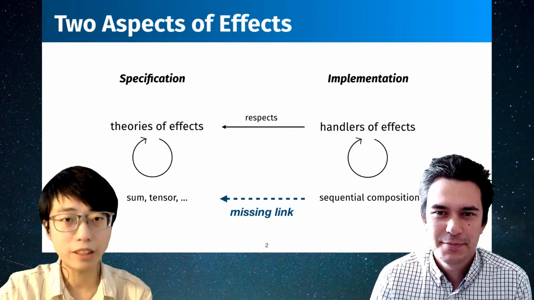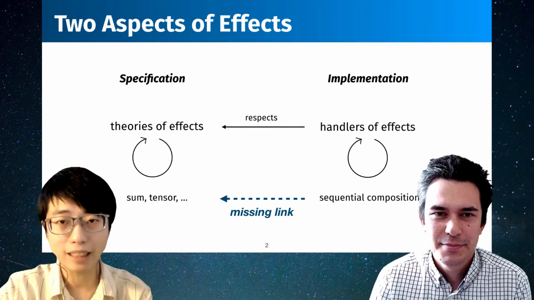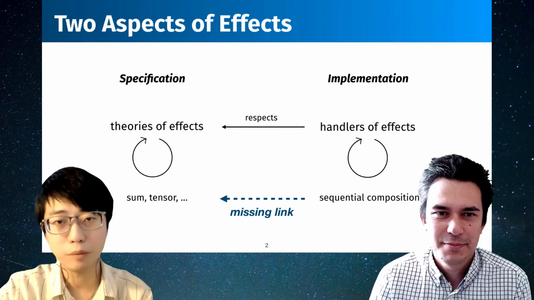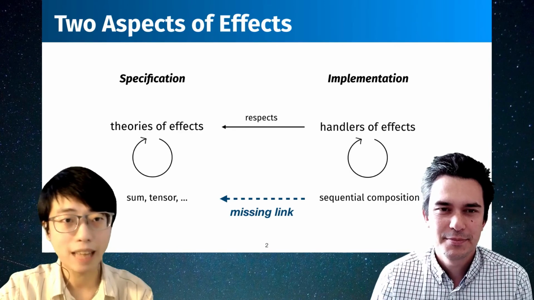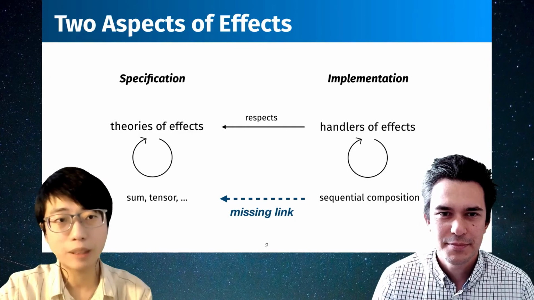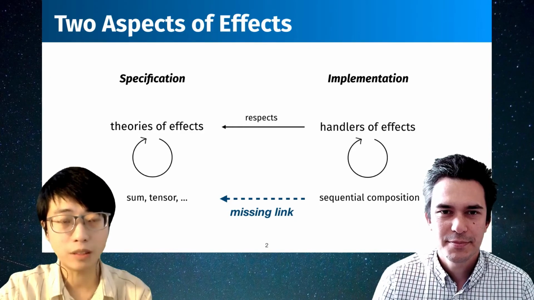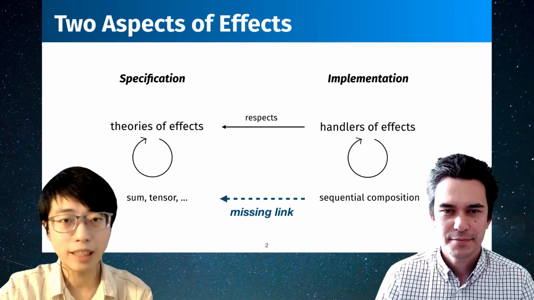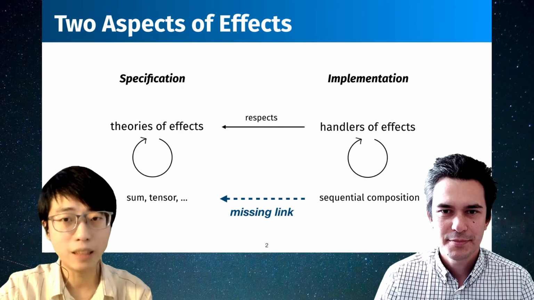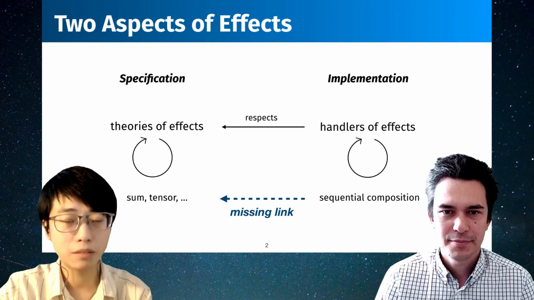On the specification side, computational effects are specified by algebraic theories, describing the signatures of primitive effect operations, and effect theories also come with a set of equational axioms, characterizing the behaviors of operations. On the implementation side, effect theories are implemented by handlers, which provide models for effectful operations in a way respecting the equational axioms.